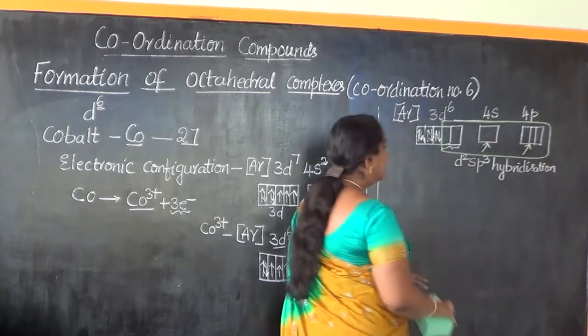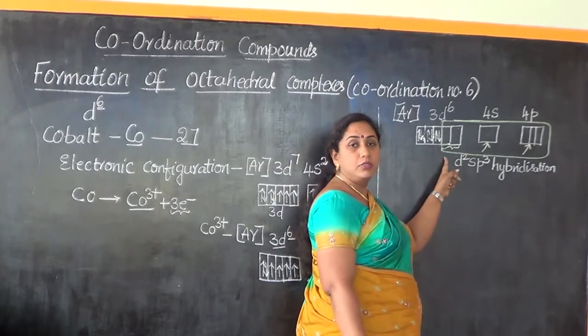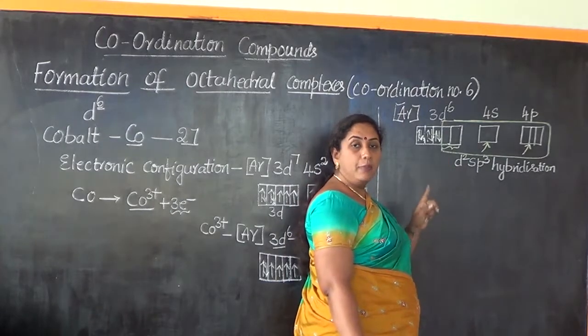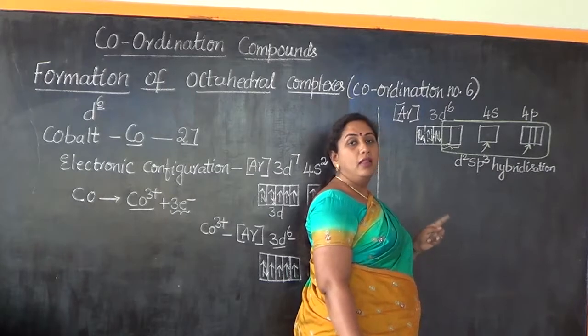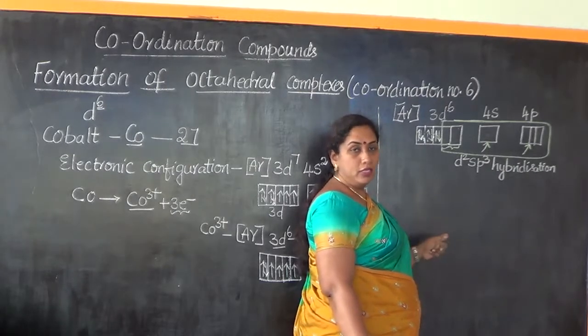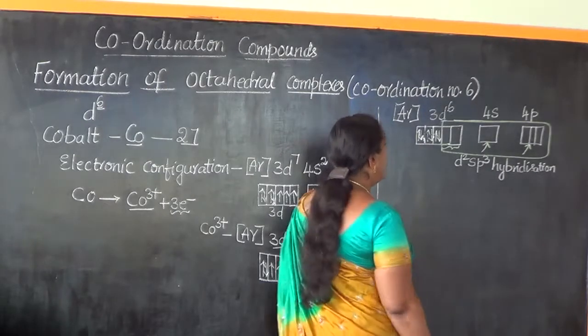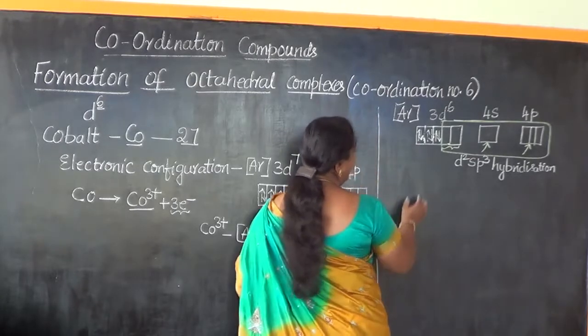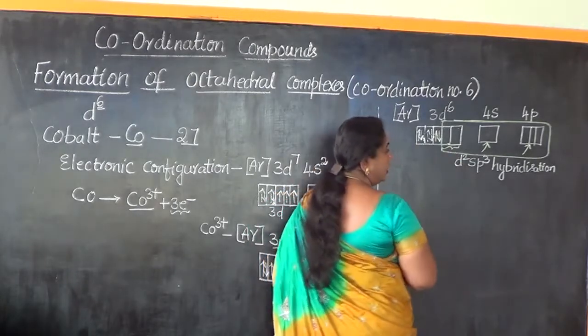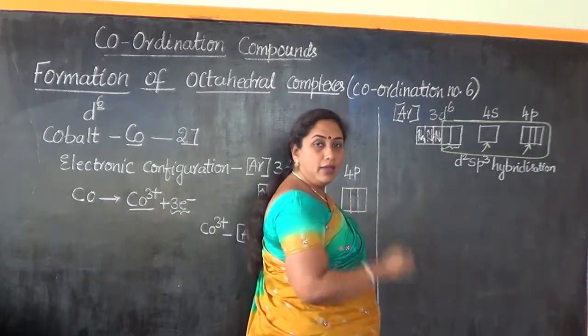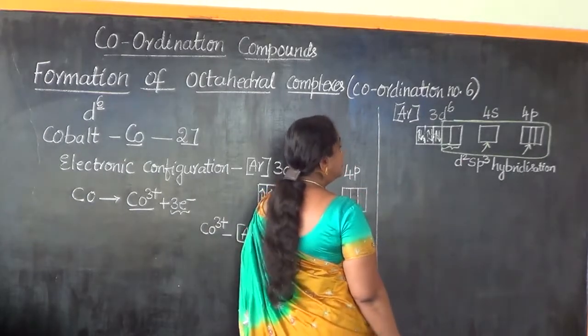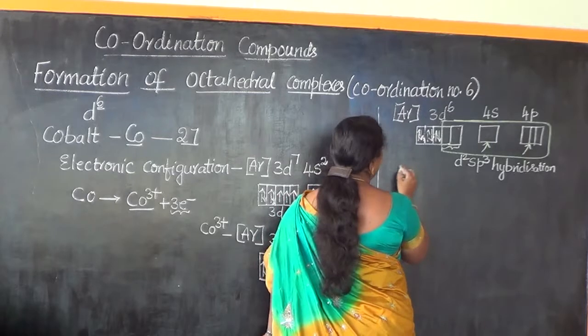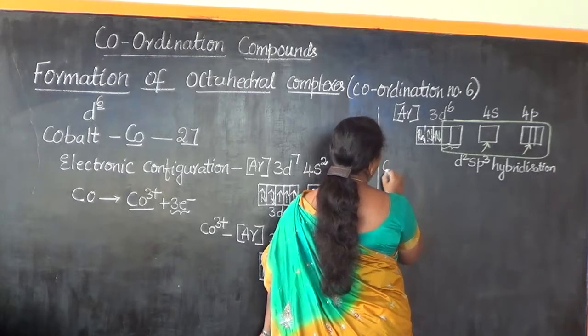Now this kind of hybridization is observed if the approaching ligand has larger bonding energy, that is, if it is a strong ligand. So now what will happen? Once the 6 ligands are there, 6 amine ligands, they will donate 6 pairs of electrons. Then what will happen to Co3+ now?